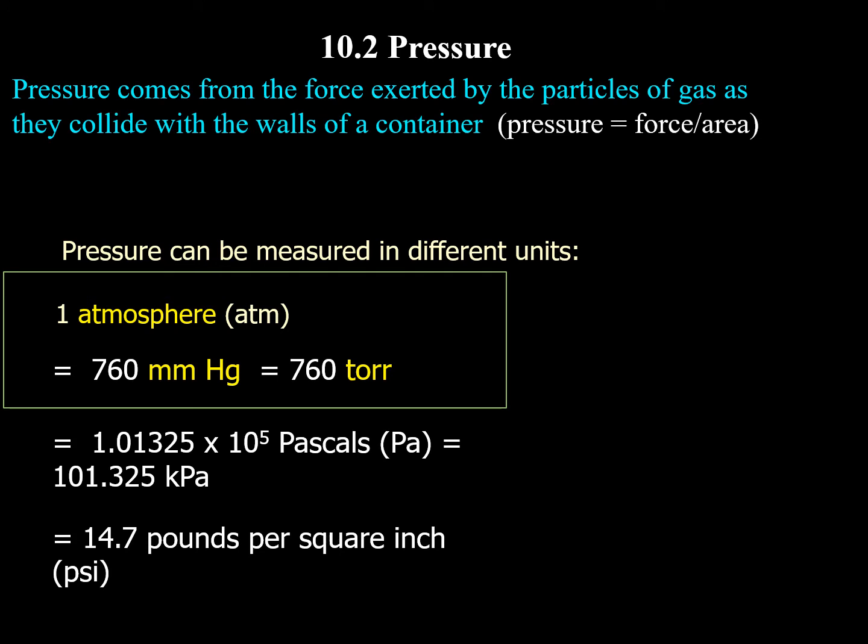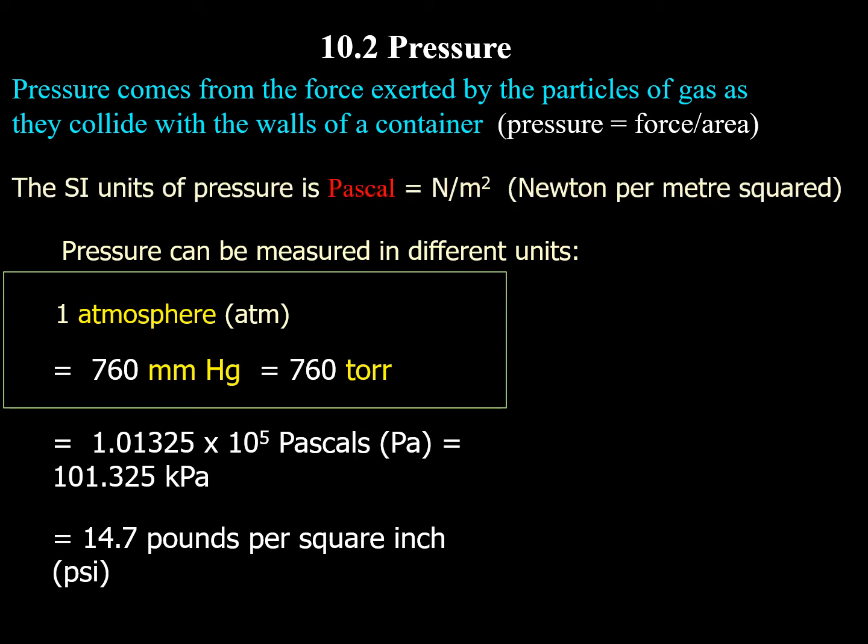So here we can measure the gas in terms of pressure, which is the force divided by area. The unit that we will use mostly is atmospheres, 1 atm. However, the SI unit is the Pascal, which is also a Newton divided by meter squared.